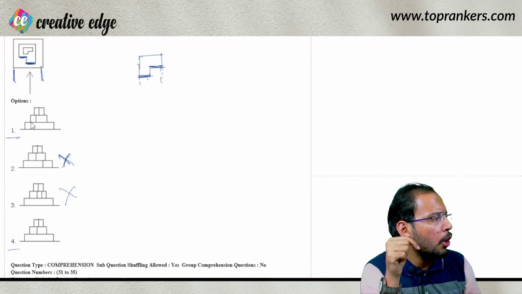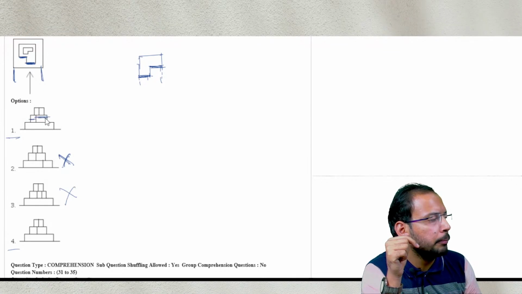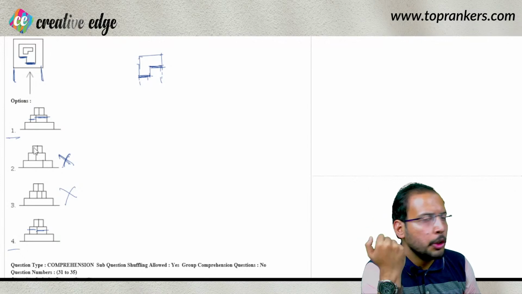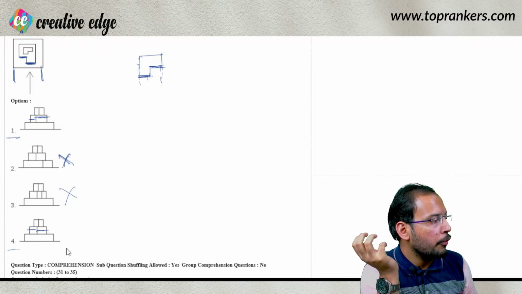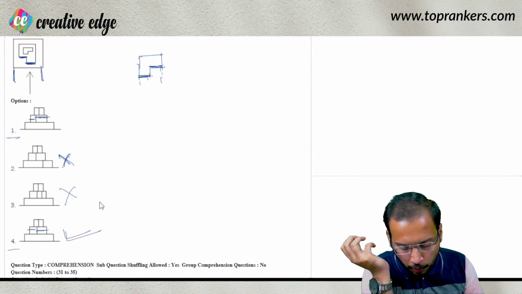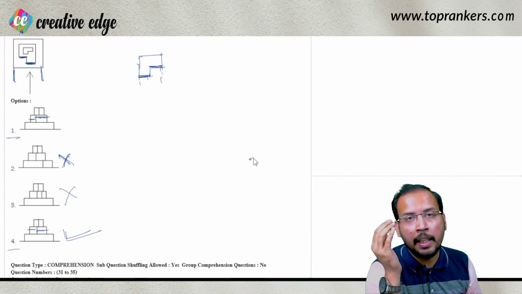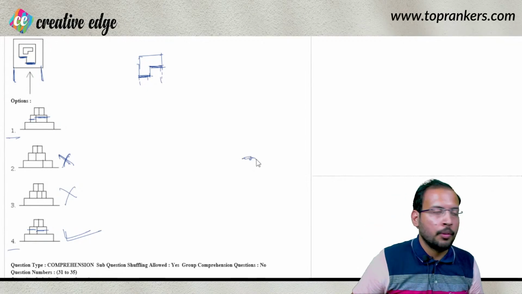As shown in option number 1, this length is small and this is quite bigger. While in option number 4, this is smaller, this is bigger, but not as big as shown in option number 1 and as shown in the actual figure. So obviously I believe that option 4 should follow from here. 4 is more precise, exactly.